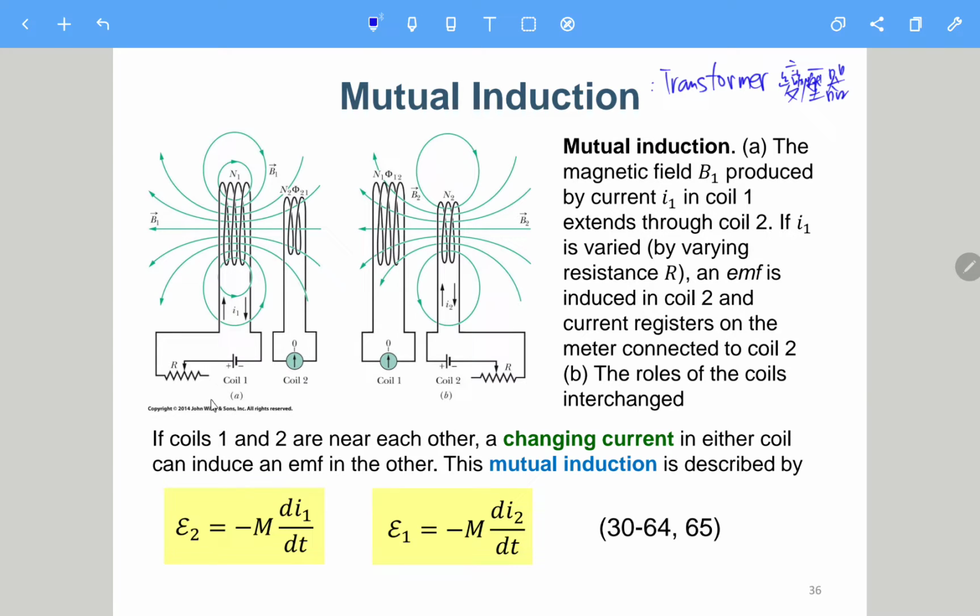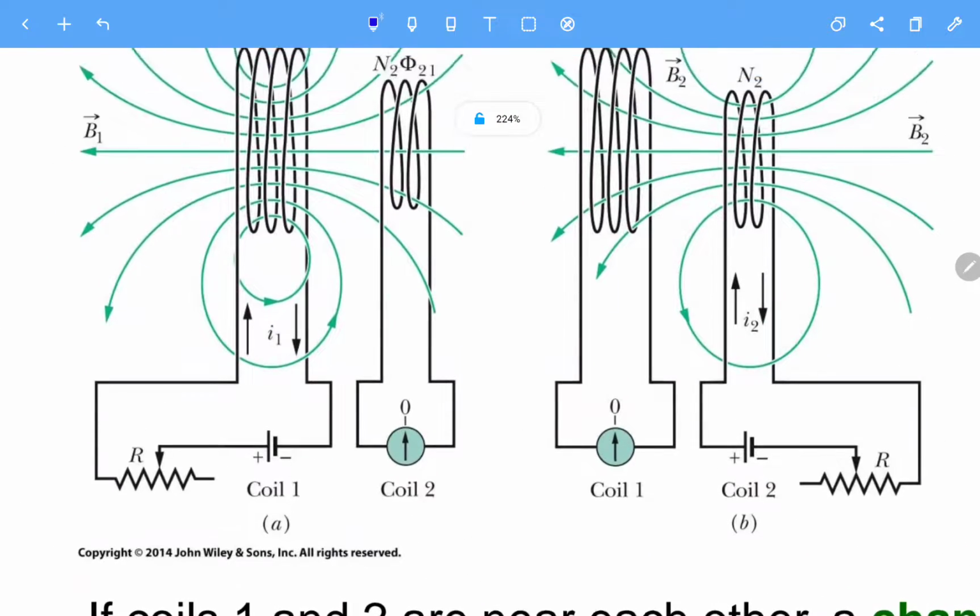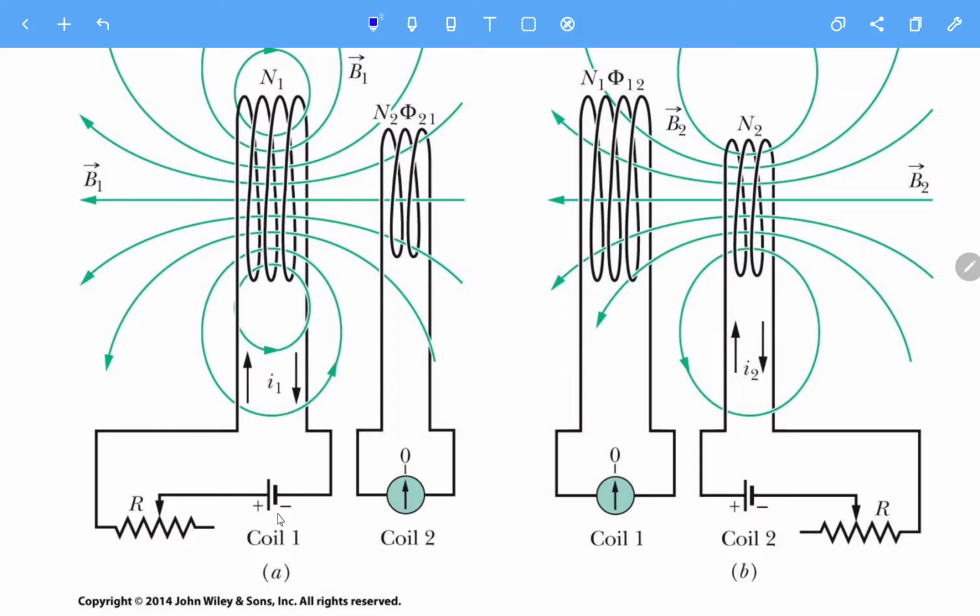On the left figure A, for coil 1, we connect it to a battery with a resistance, so we can control the current going through coil 1. Suppose this is positive, this is negative, which means that the current is going in this direction, like this.